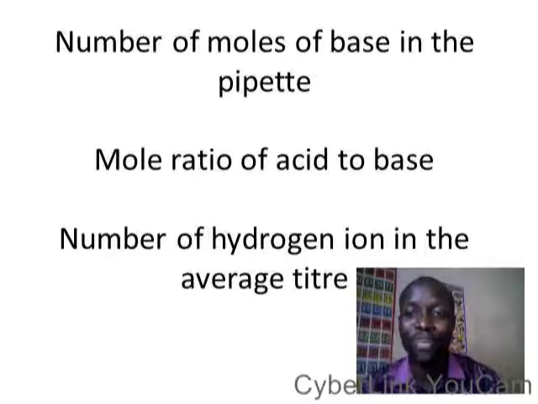You should know the formula to apply. Number of hydrogen ion in the average titer. You should also take note of that and know how to do it. So just put your answer in the comment side, and I will see if they are correct or not and reply you as time permits.